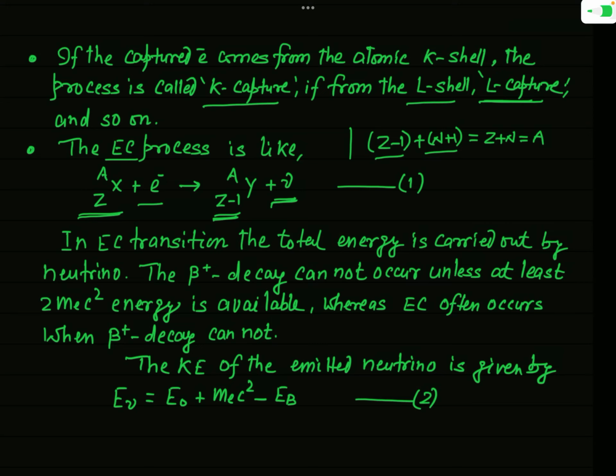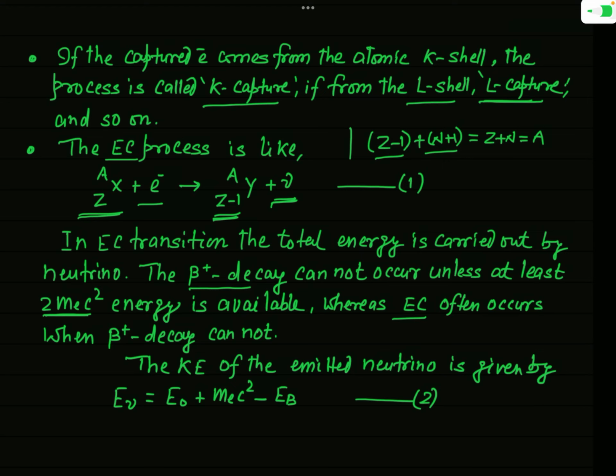As you have studied earlier, in the beta plus decay process, this process only occurs when at least the available energy is twice the rest mass energy of the electron. But in case of the electron capture, this requirement is not necessary.